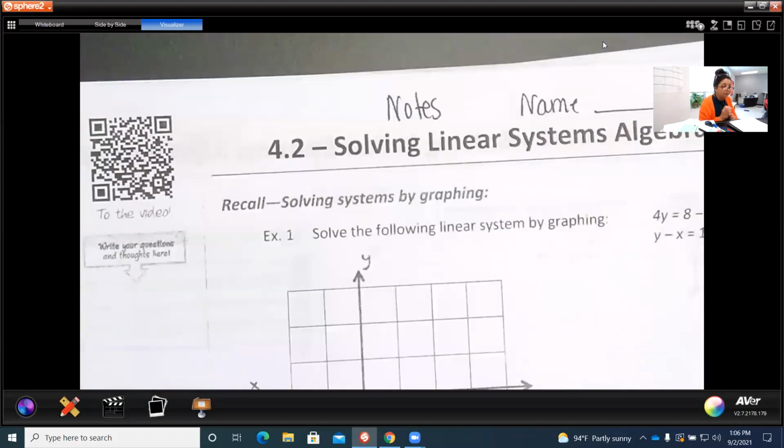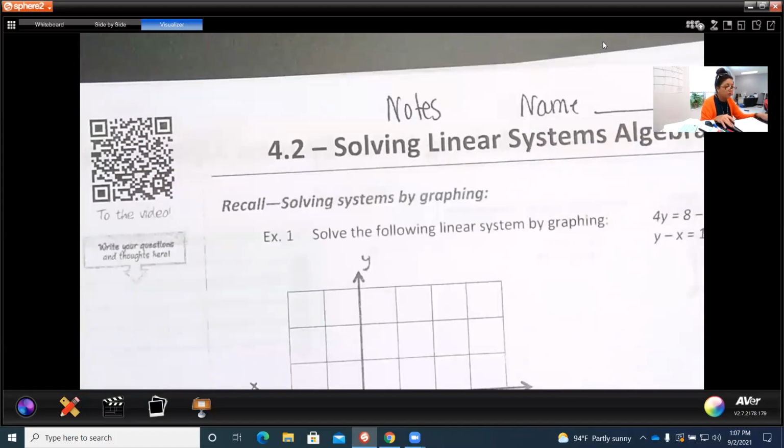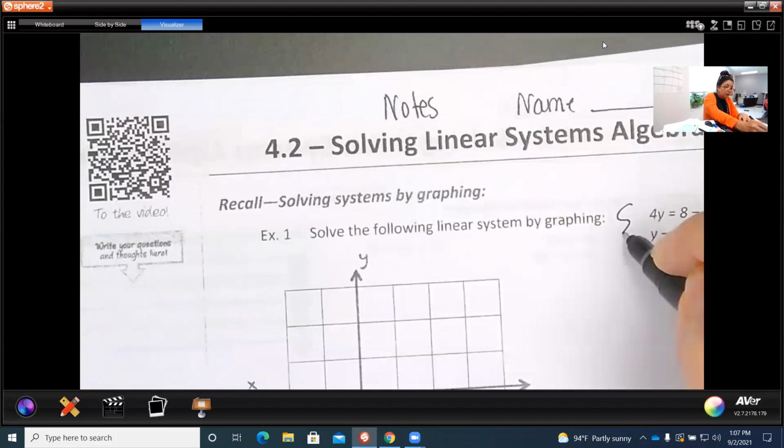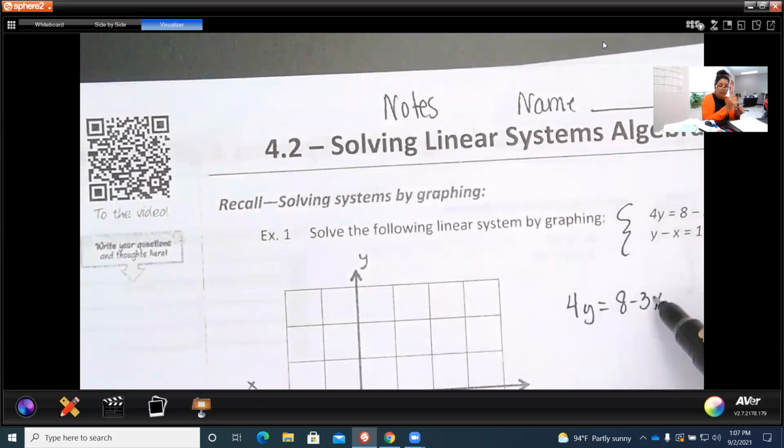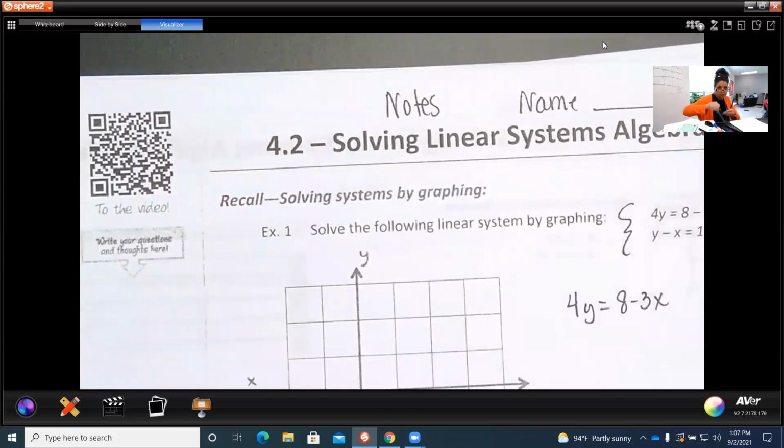All right. So it says recall solving systems by graphing. Solve the following linear system by graphing. All right, we know how to do this. That top equation, is it ready to graph? No. Can we get it ready to graph? Sure. What would we do first?